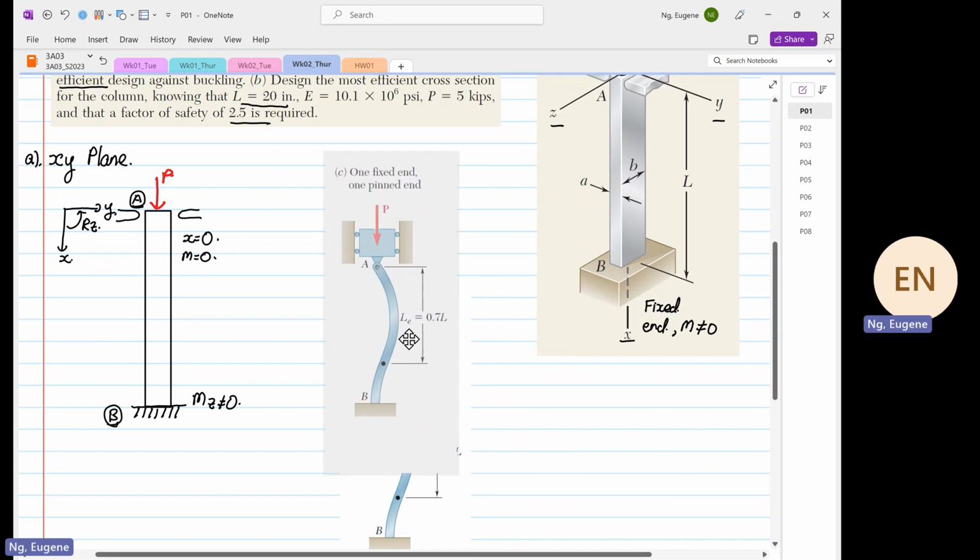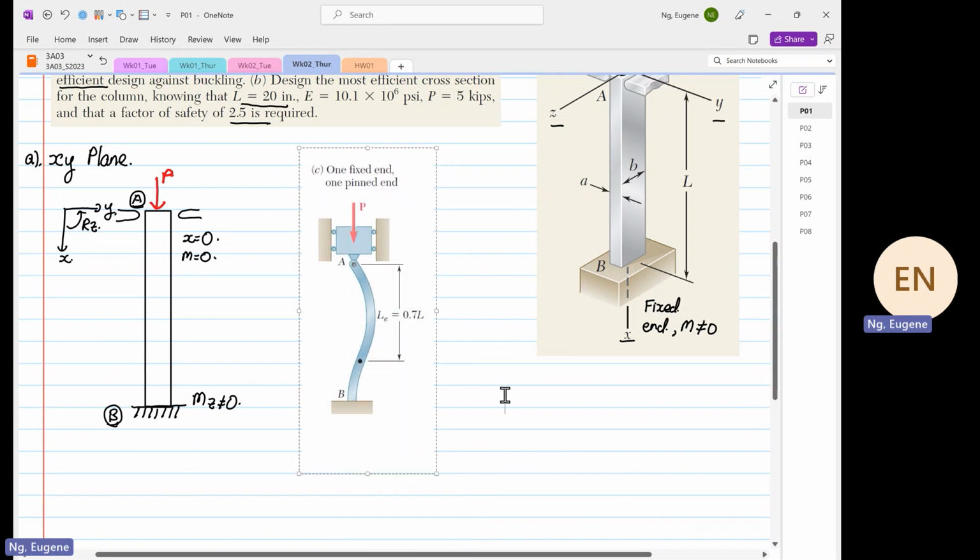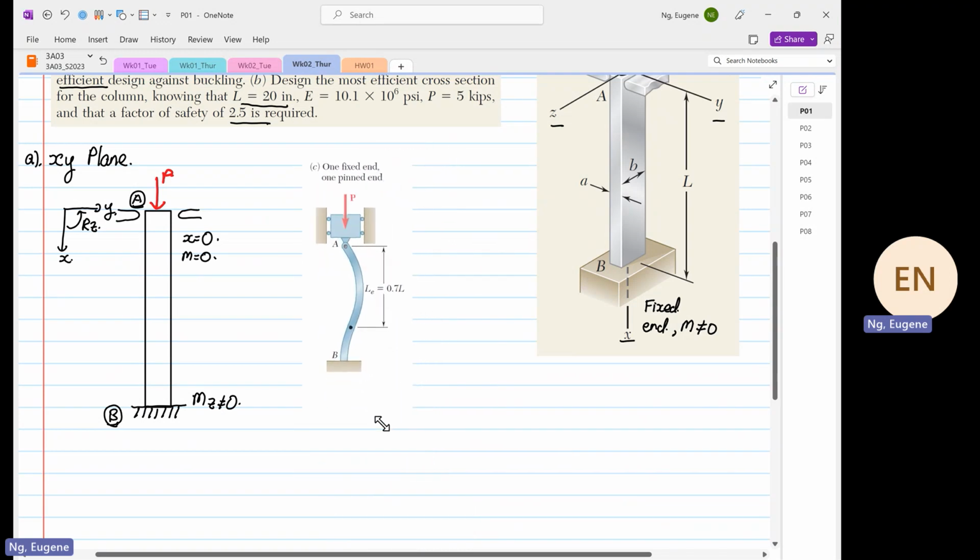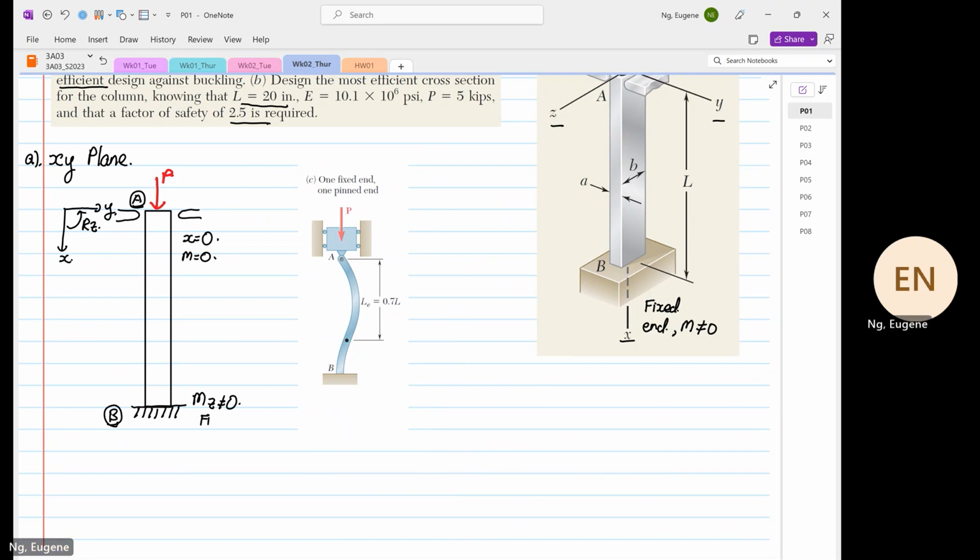For this case, when we view it at the XY plane, it's very similar to what we have over here. So we can say that one end is fixed, this is our fixed end, and on the other side is our pinned end.